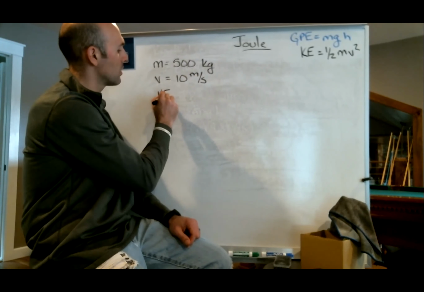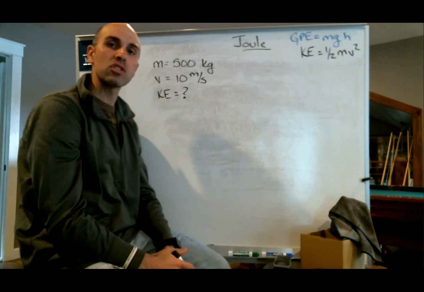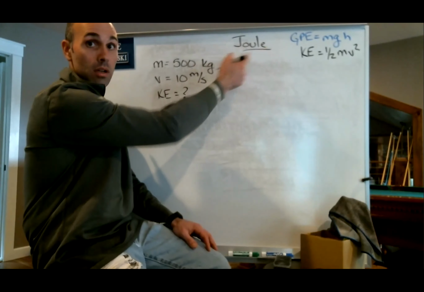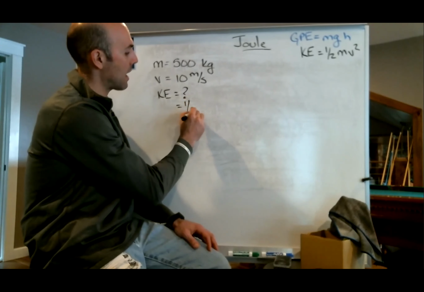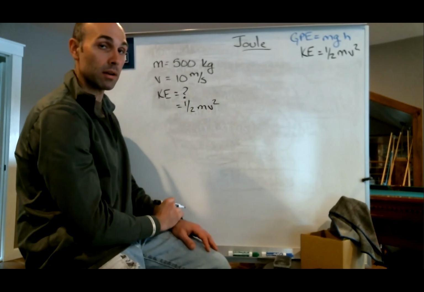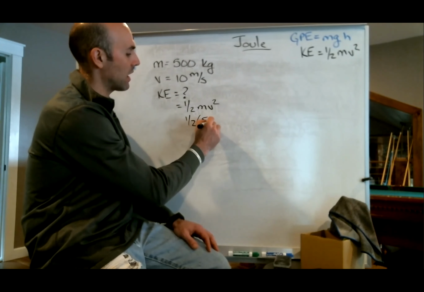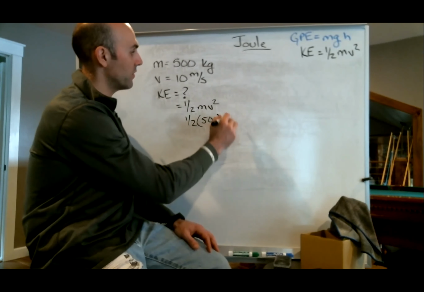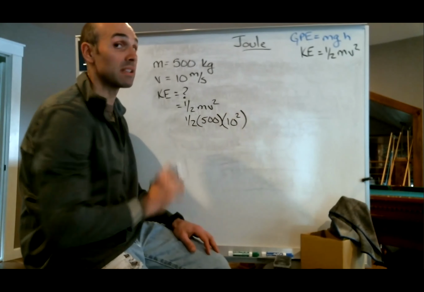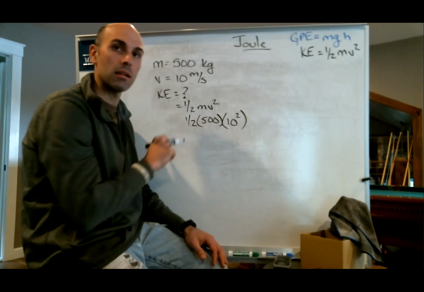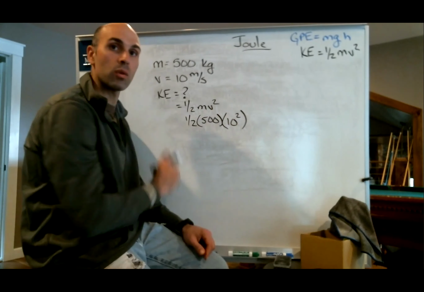I want to know the KE. How much energy of motion does it possess? Let's plug it into our equation. KE equals 1/2 mv squared. 1/2 times the mass, 500, times the v squared. And please, guys, remember, the only thing that's squared here is the 10. It's the velocity. You do not square the 500.